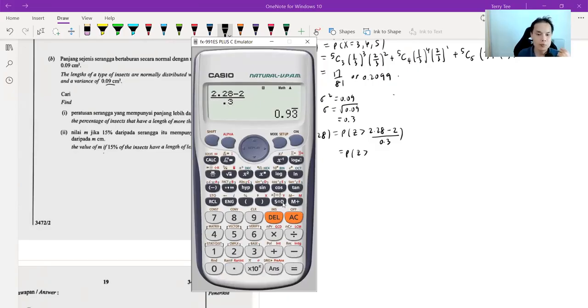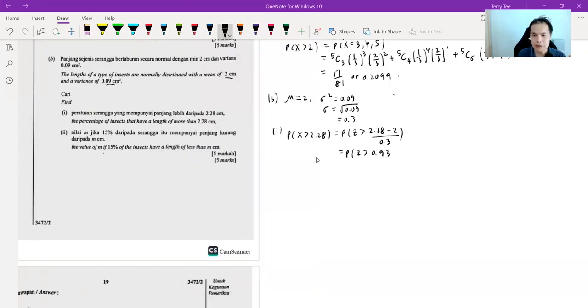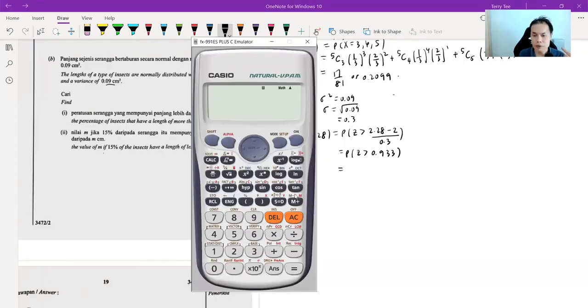I got 0.933. Normally I take 3 decimal places, because your mathematical table can read up to 3 decimal places. But I wouldn't use a mathematical table because it's very slow. I'll use the calculator, and there are 2 calculator models you can use.